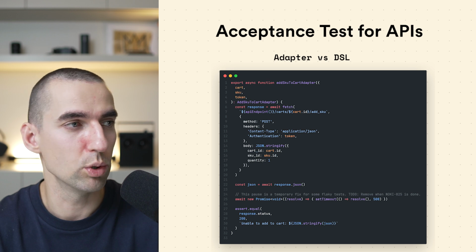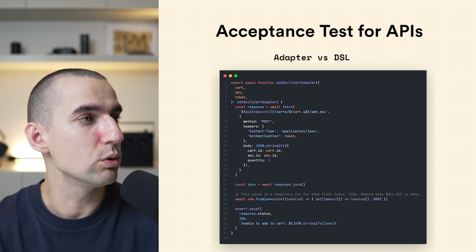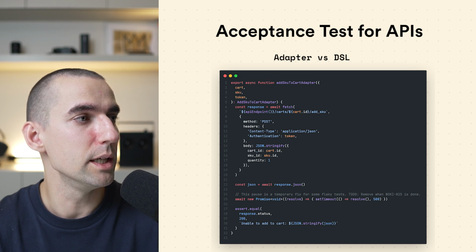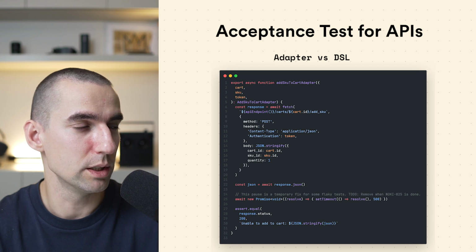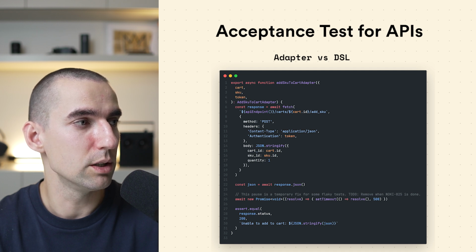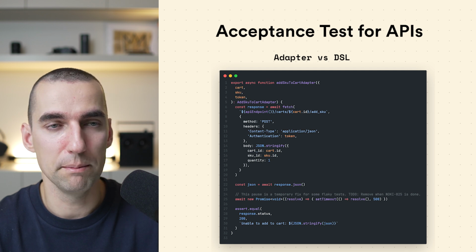It's just so easy to work with. Cool. So this is an example of add SKU to cart adapter. Again, we have the URL here, the headers of the requests, and then the body of the requests, which is your order ID, your SKU ID, the quantity, and so on and so forth.